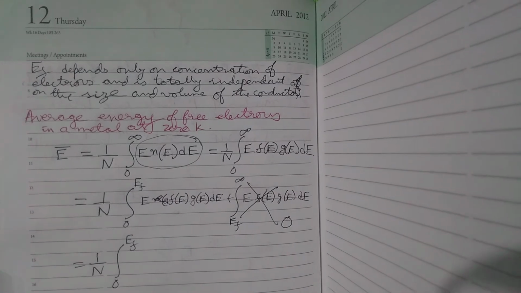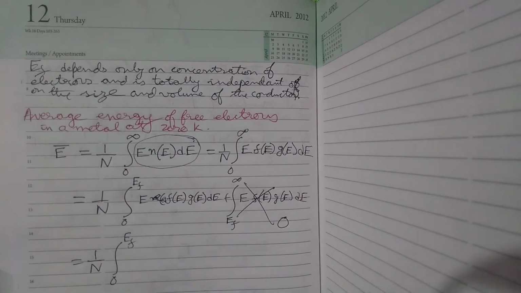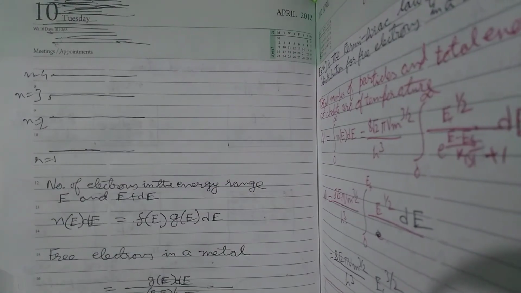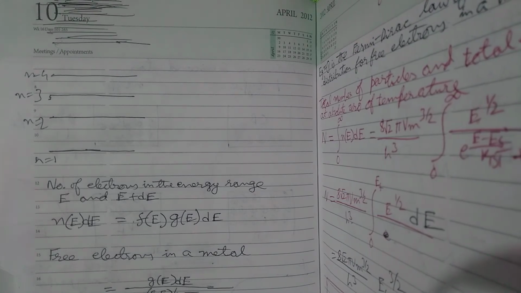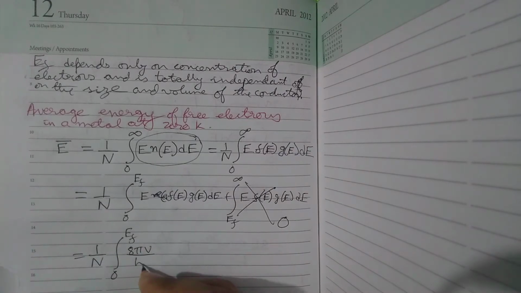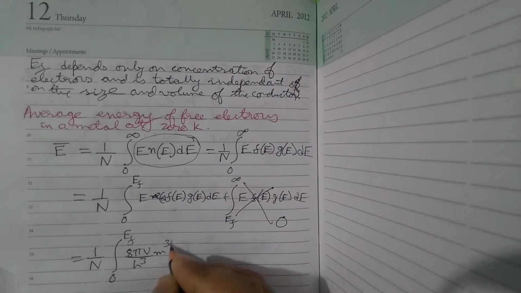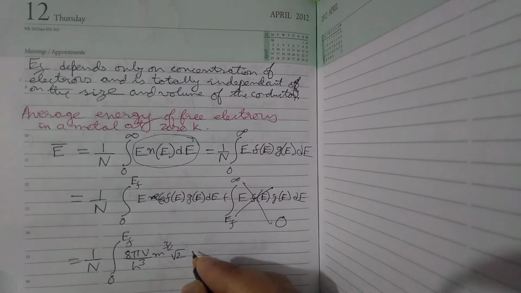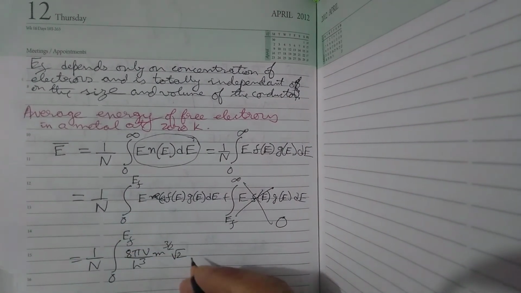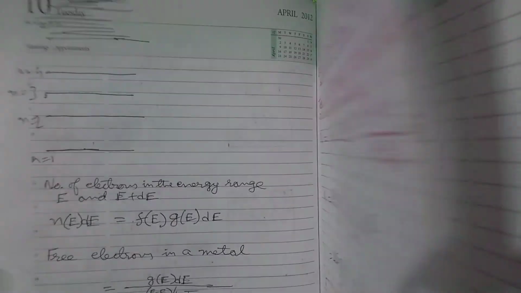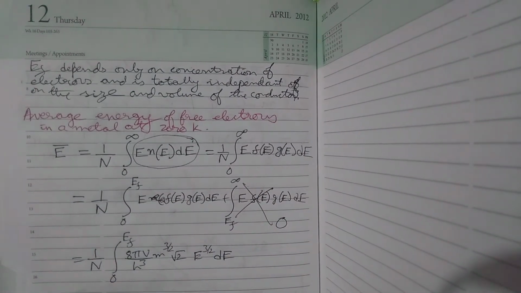So you just have to put the value of G(E) there. G(E) is 8 pi V by h cube, m to the power 3 by 2, into root 2 into square root of E, and E is here, so E to the power 3 by 2 into dE. Okay, so what will this be?